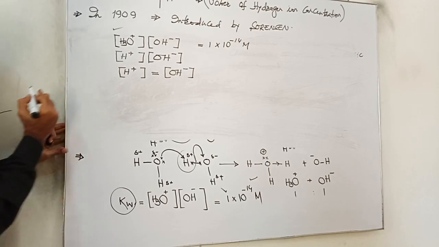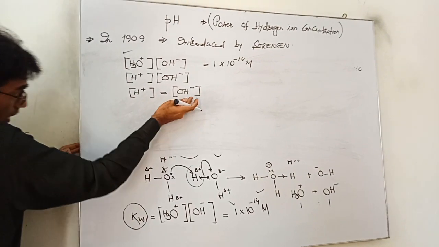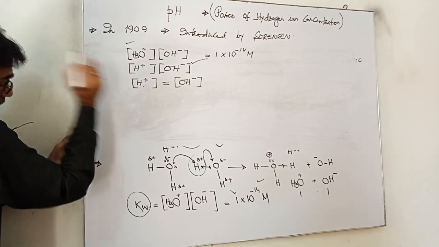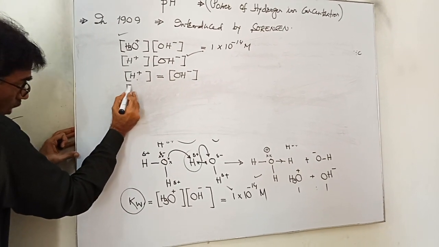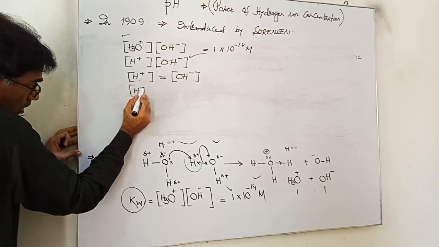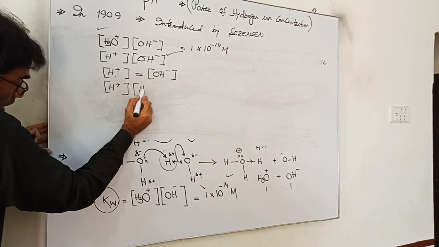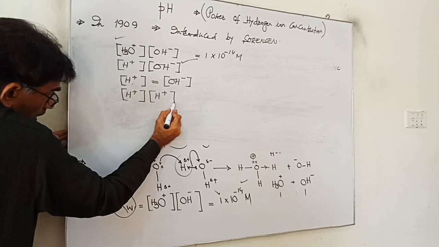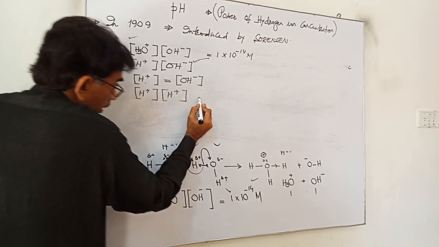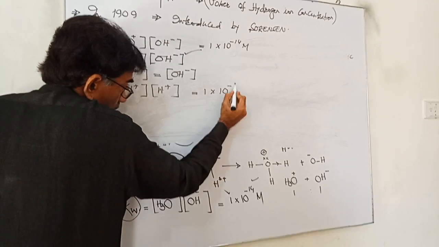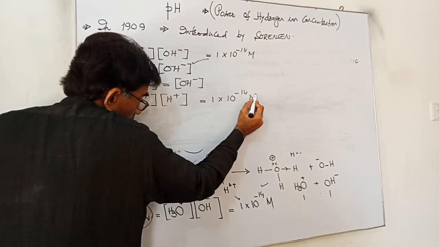Then we can replace OH by H. So the hydrogen ion concentration times the hydrogen ion concentration, the product of the two, is equal to 10 to the power minus 14 molar.